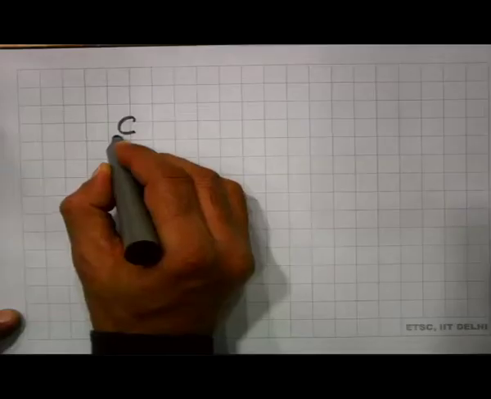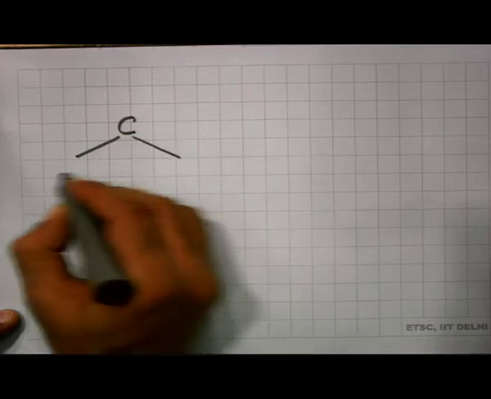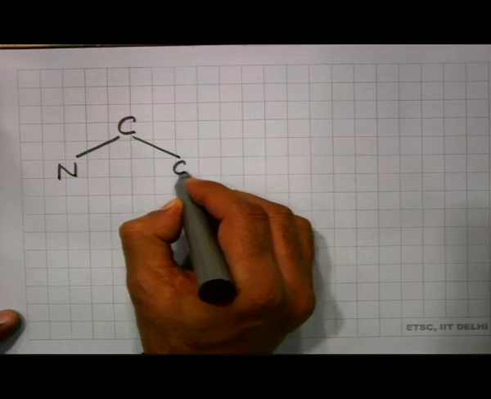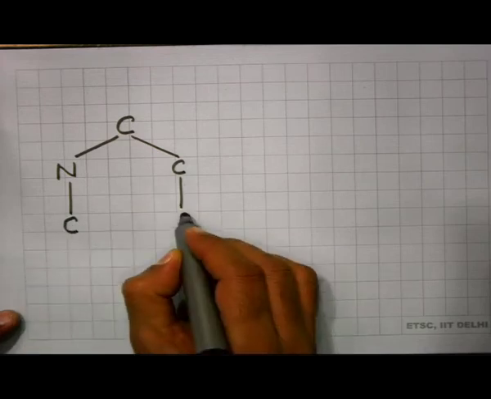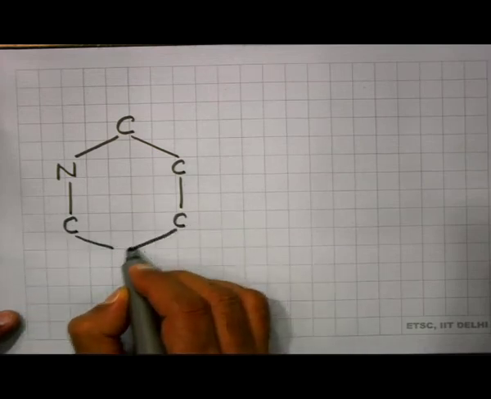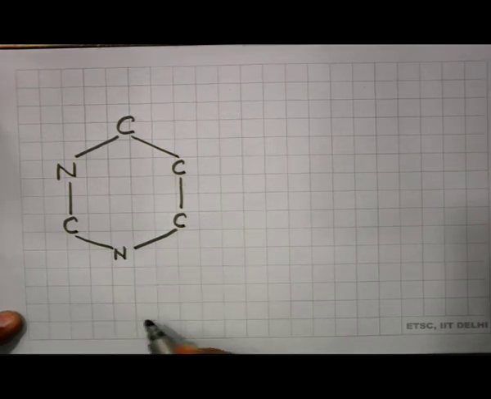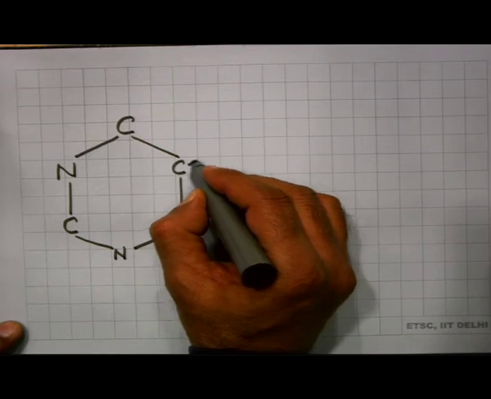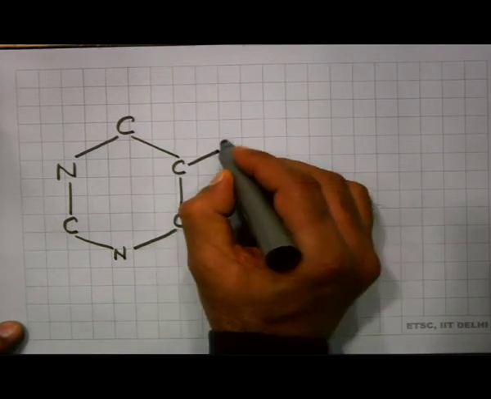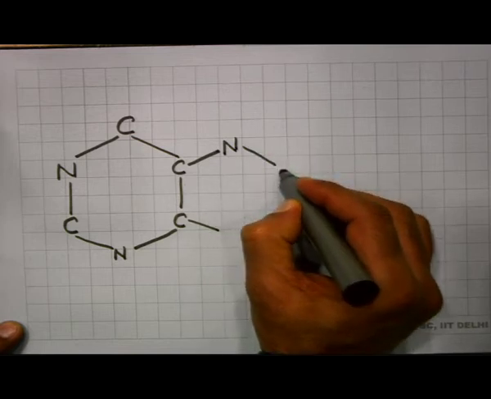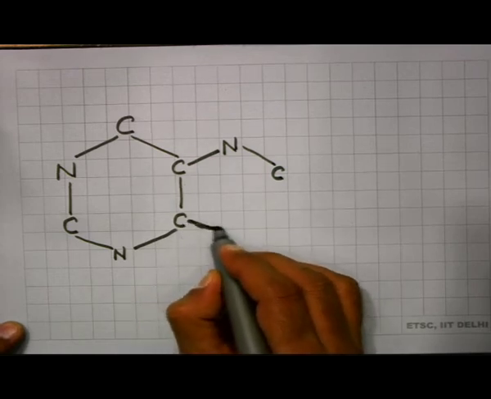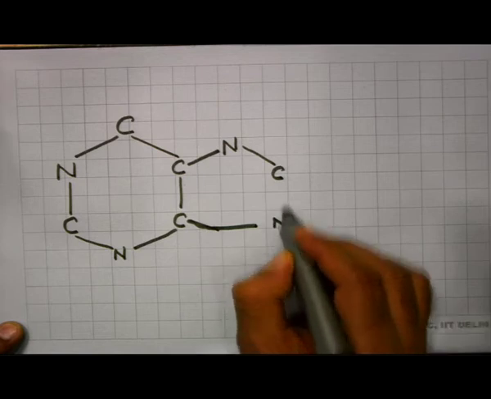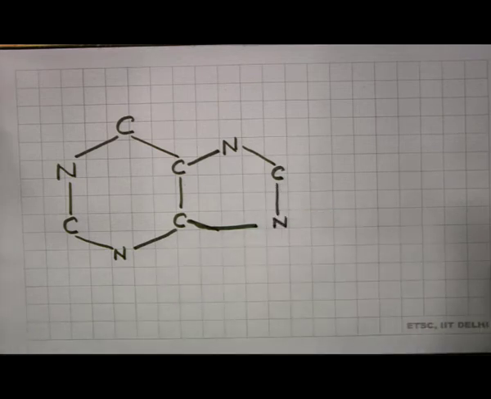Here is the skeleton of purine, with nitrogens here, and another ring attached here, here is N, here is N. So, this is the skeleton of both the purines, adenine and guanine.